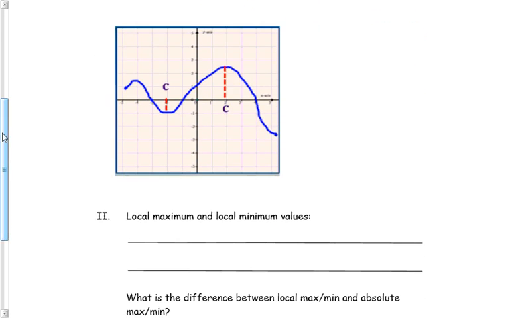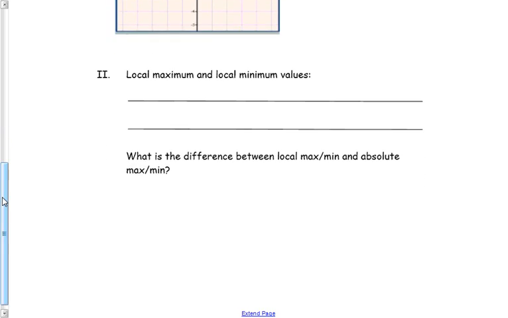Another little graph. Got lots of different ways of rehashing this same idea. So if it feels like I'm overdoing this or repeating myself, I think there's some things that are really important. Okay. So definition of local max and local min.